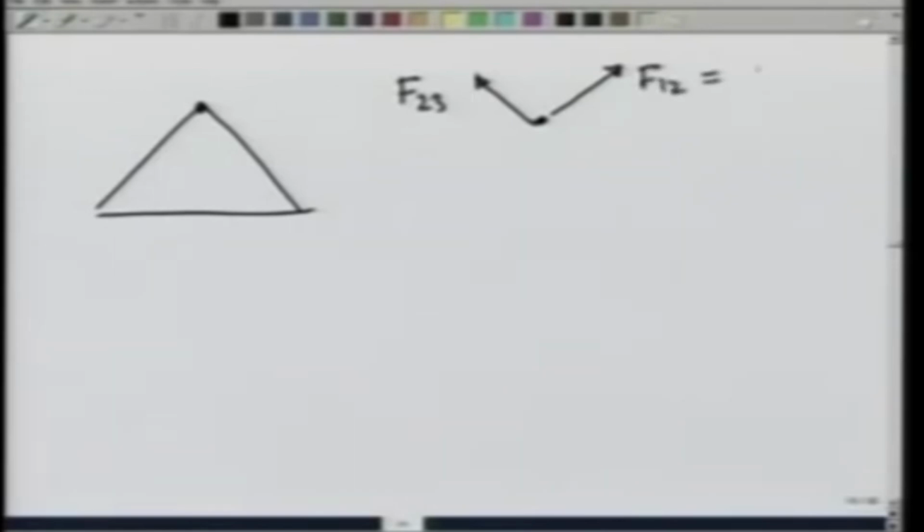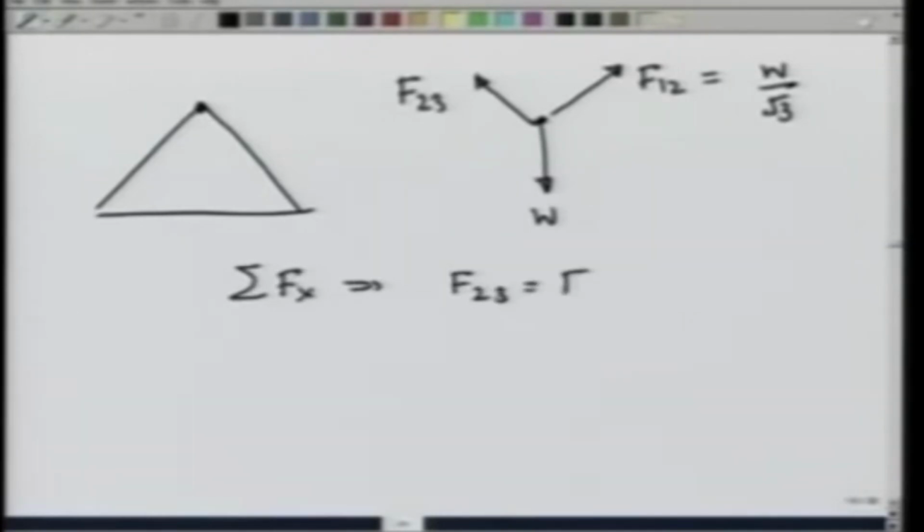If I go to point 2 here, then according to the way we have made forces, point 2 would be feeling a force this way, which is F 2, 3, a force this way which is F 1, 2, which we have already determined to be W over root 3, and a force this way which is W. Now, summation F x then gives you that F 2, 3 should be equal to F 1, 2.